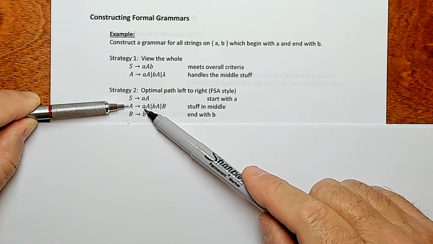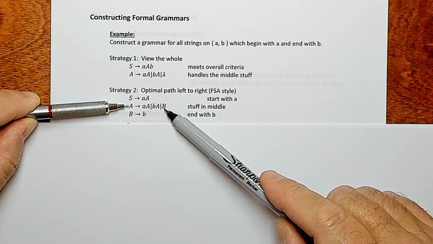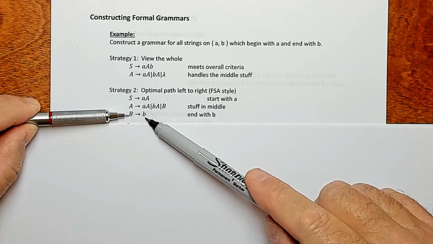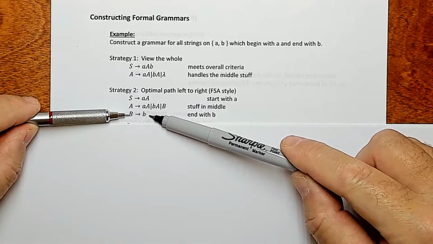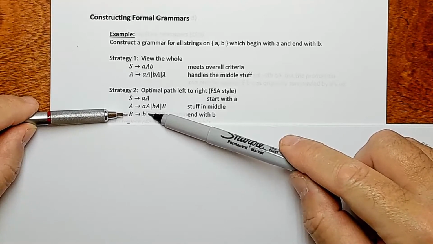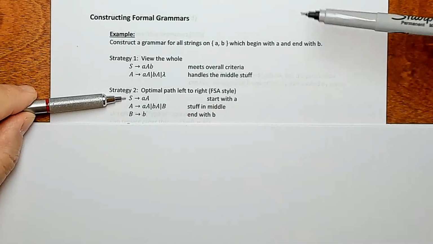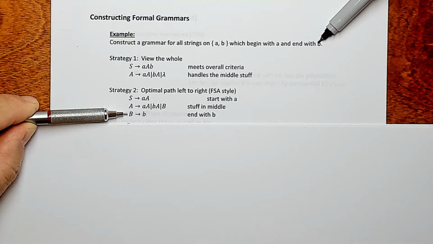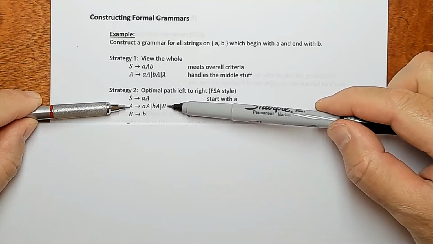So here I could add more a's and something, or more b's and something, or I could add a b and a capital B, and that b allows me to terminate. The only way to terminate strings in this is with this production here. This is the only terminal production, and it yields a b that we want at the end. So the start symbol generates the a we need at the beginning, and the big B production generates the little b we need at the end. And this stuff here allows us to say anything we want, except terminating.